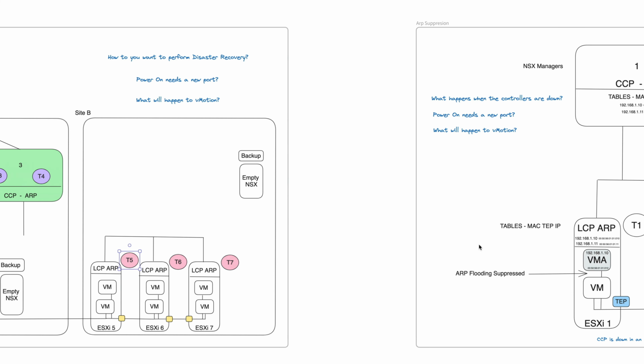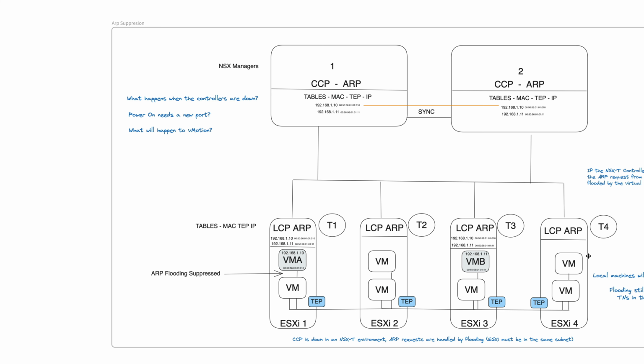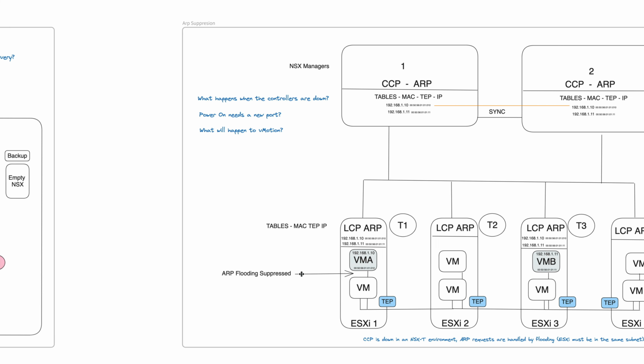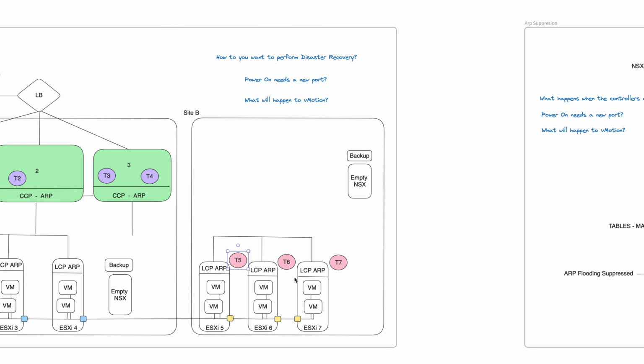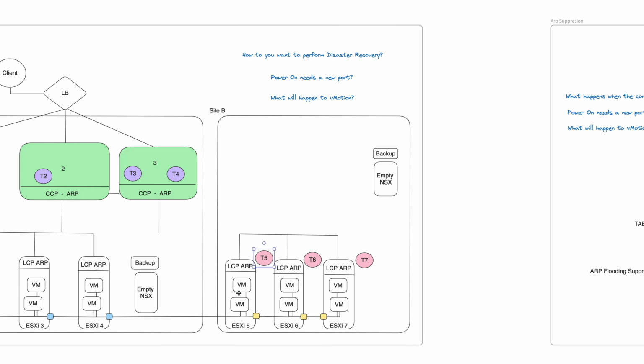We just saw that flooding is okay when you have multiple ESXi hosts running as a transport node in one site. Then they are able to communicate with their peer VMs locally on site B. They're not able to communicate with any other VMs on site A because they're not able to learn which tunnel endpoints there are anymore.